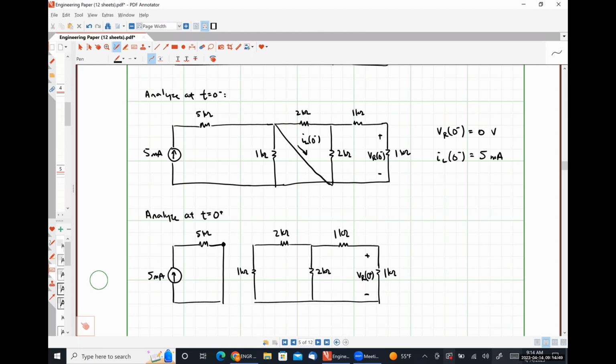Right? So I am going to replace inductors at t is equal to 0 plus with current sources for the exact same reason that I replaced capacitors at t is equal to 0 plus with voltage sources. Emily, I'm going to help you. Doesn't matter, but sure.